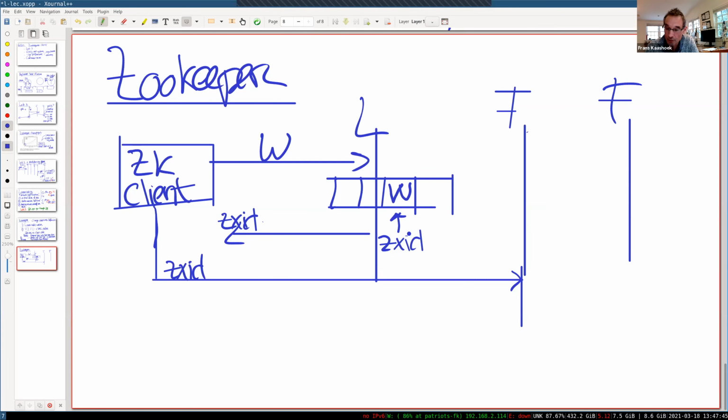Let's say this follower is behind. It has 2 entries, but it hasn't observed the write yet, because the leader maybe committed it through the other follower. In this case, the follower won't respond immediately. Instead, it will wait until it has seen the ZXID, and as soon as it has seen the ZXID, it will respond.